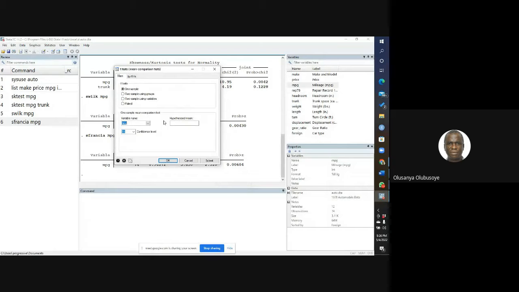The common one: if I put the hypothesized mean equal to 0, what I'm simply saying is that the mean is not different from 0. You can also interpret that to mean that the mean is not significant, because if the mean is not different from 0, it's the same thing as 0.